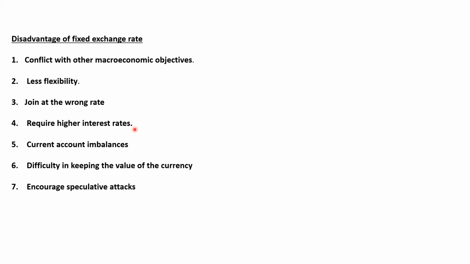The increase in interest rate may cause mortgage default. Mortgage default means the borrower fails to repay the loan, and this gives banks or lenders the option to take over the property. So ultimately this is going to lead to recession. So this is all about the disadvantage of requiring a higher interest rate.